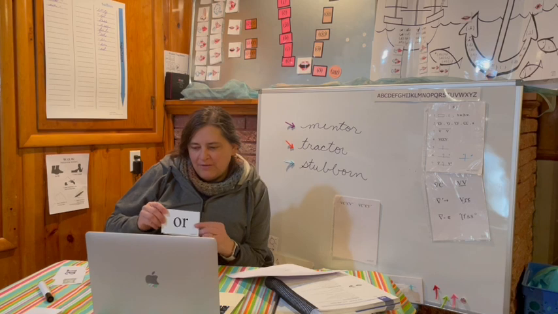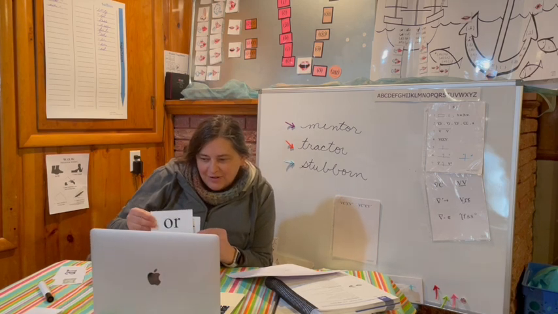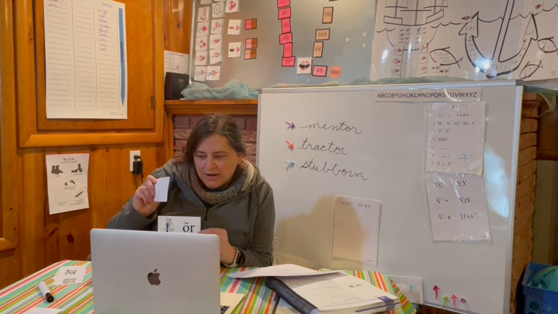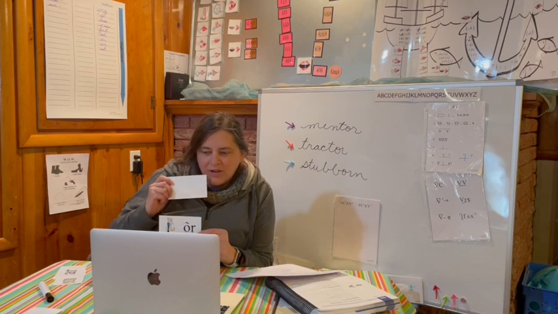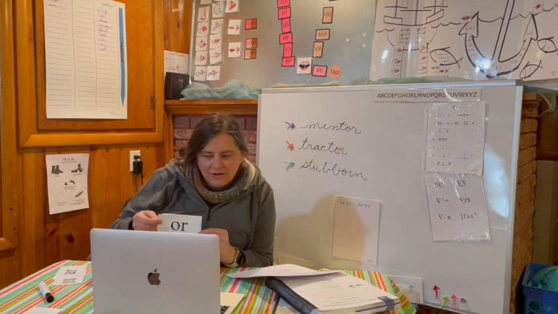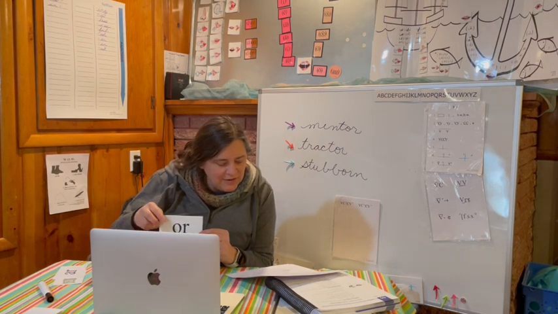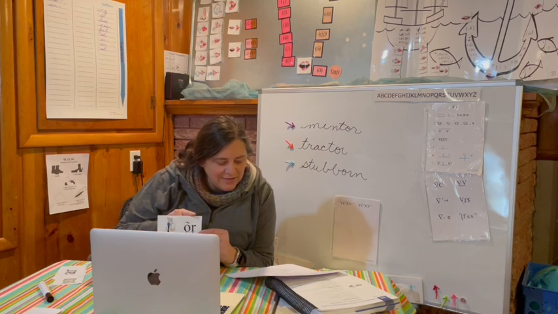So I'm going to give you the name of the grapheme, combination OR, and I want you to give me the keyword and sound, okay? So combination OR. Doctor. Combination OR. Doctor. Well done. So the name of this grapheme is? Combination OR. Good. The keyword and sound are? Doctor. Right.